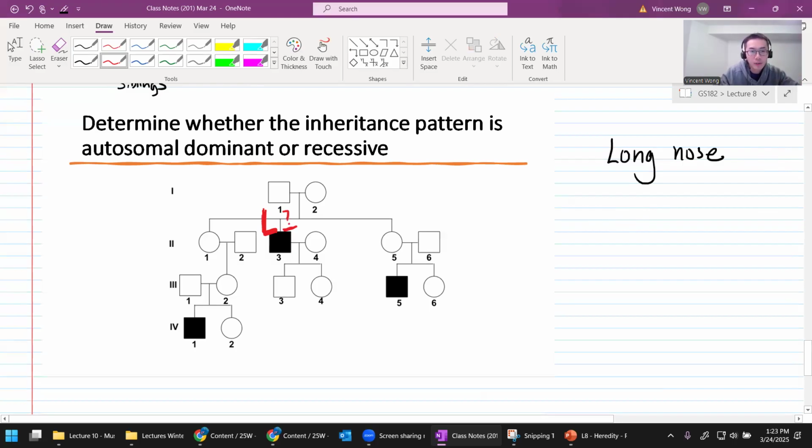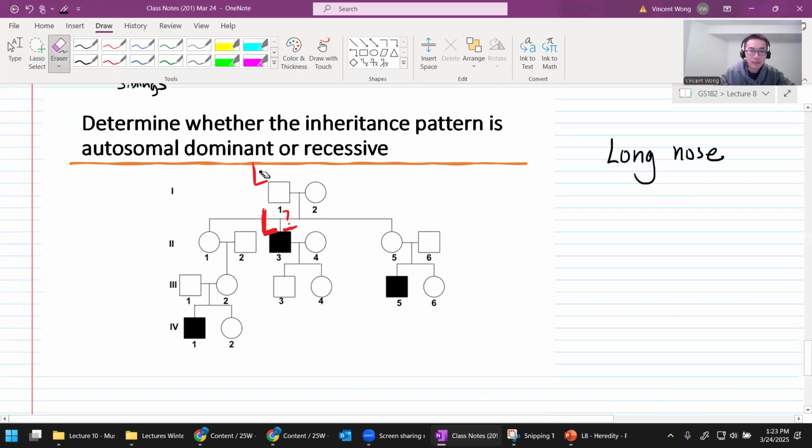But over here, if there's one capital L, that means this big L must have come from either the father or the mother, which means one of these people must have a big L. And if this is a dominant situation, having a single big L is going to give you the long nose. But as you can see, he doesn't have the long nose. For this reason, it is not possible for this particular trait to be dominant.